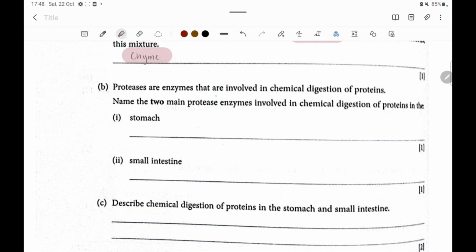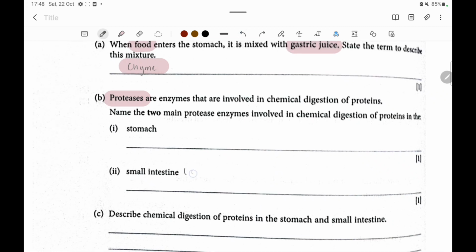Proteases are enzymes that are involved in chemical digestions of protein. Okay, so proteases. We have two types of proteases. So one is for stomach and one is for small intestine. This one, to be specific, is the duodenum of the small intestine.